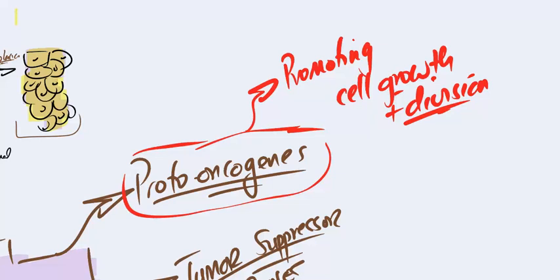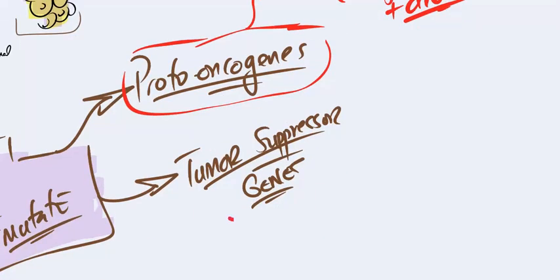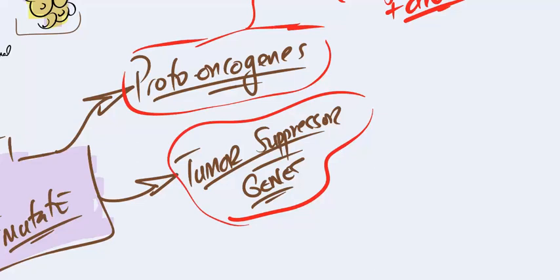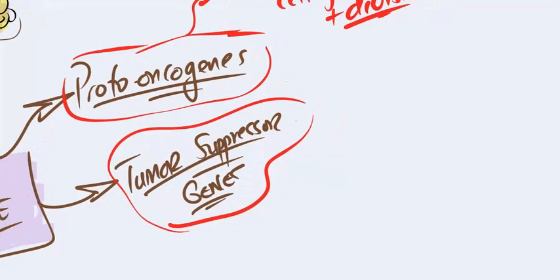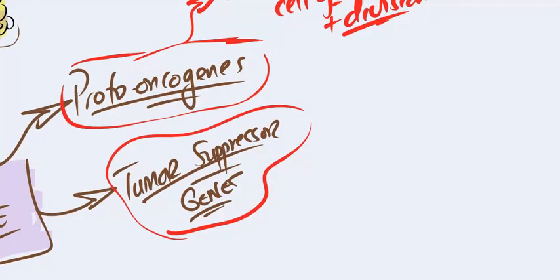Then you have your tumor suppressor genes. So it's basically logical. These genes are trying to suppress tumor generation. These are the genes that promote apoptosis, so they're trying to eliminate cells that become abnormal.